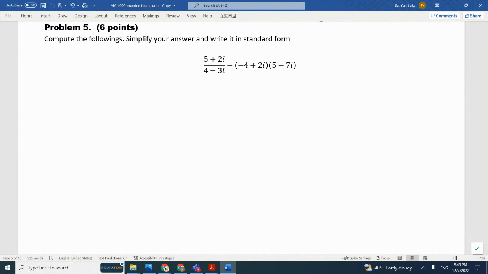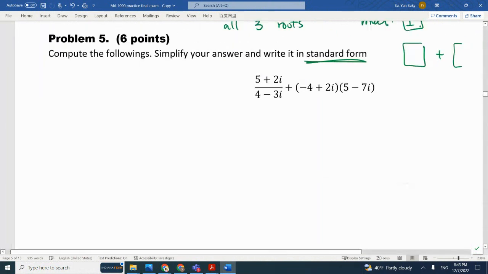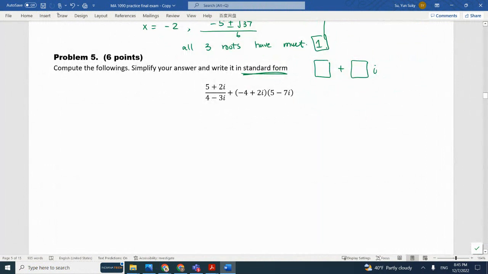Okay, here we want to work with complex numbers. Complex numbers in standard form means we want to have the real part plus the imaginary part times i. That is the standard form. So look at the first term. You see the first term is a fraction. To get rid of the fractions, we need to multiply by the conjugate.